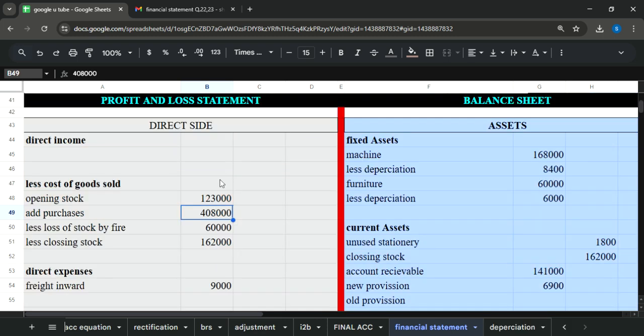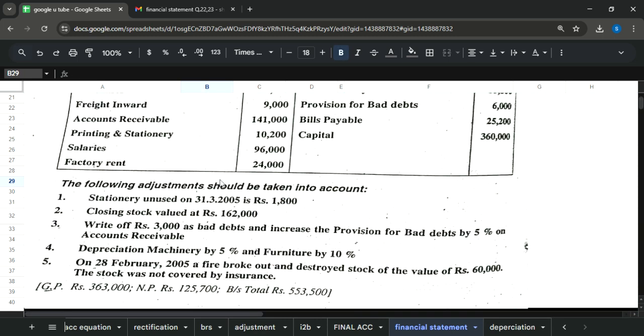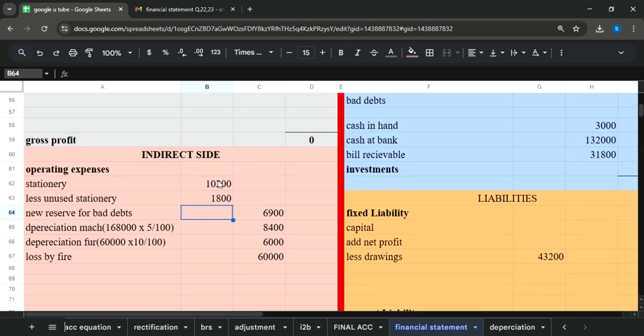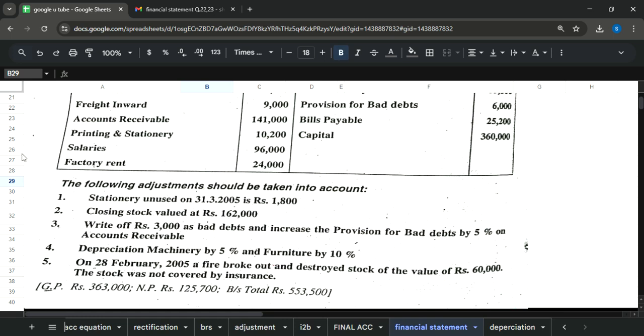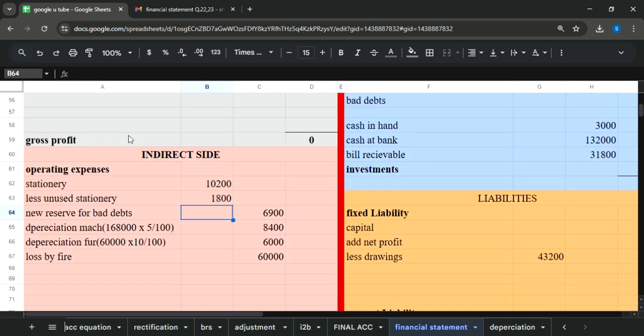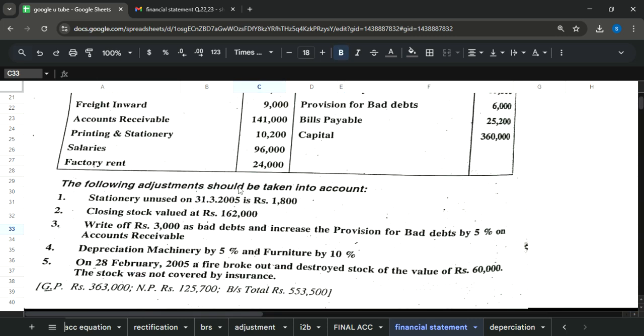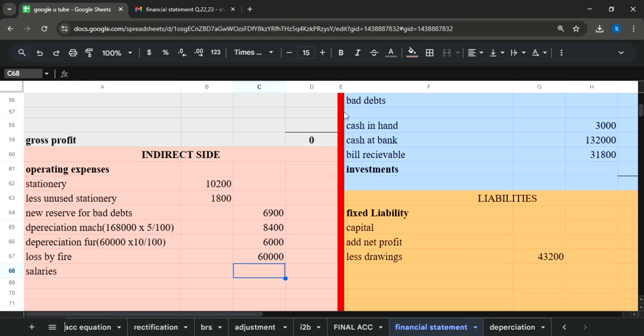Then next is salaries 96,000. So here you will write salaries in operating expenses, amount of which is 96,000. Write down amount in front of it.